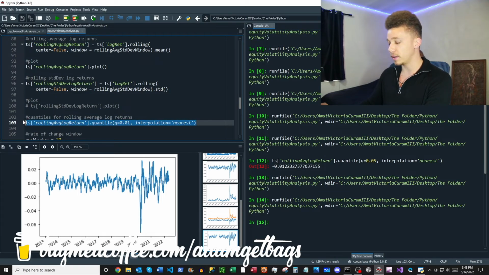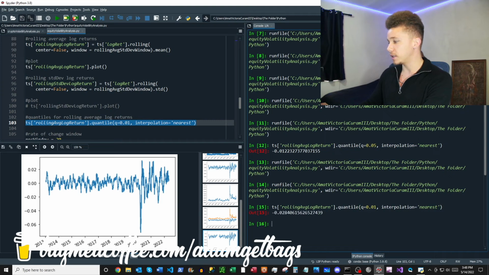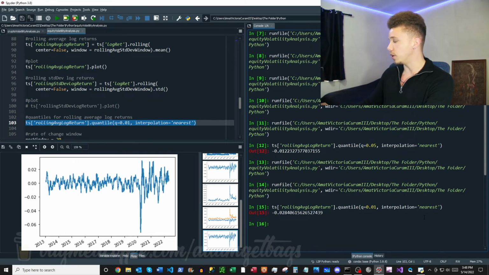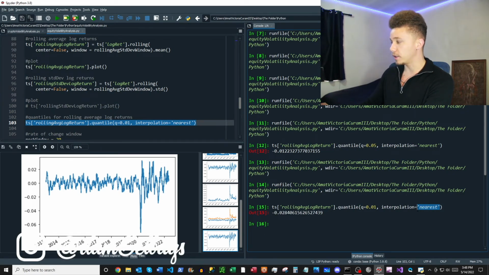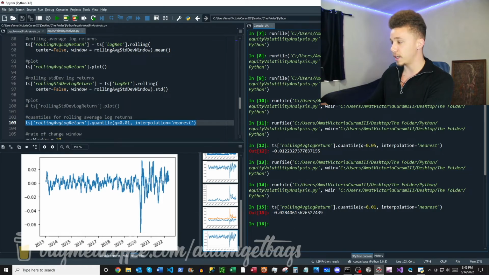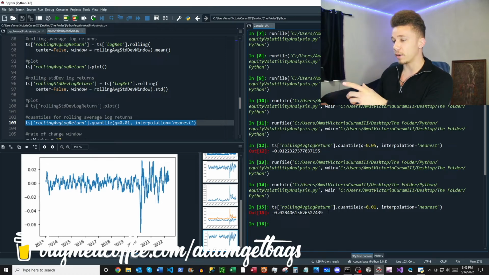And then the interpolation parameter has quite a few options that you can choose from, so be aware of how that's calculating. I'm just finding the nearest value if the quantile lies between two values. So here we have a return of negative 2.8% on average daily over that rolling period of 1 month.